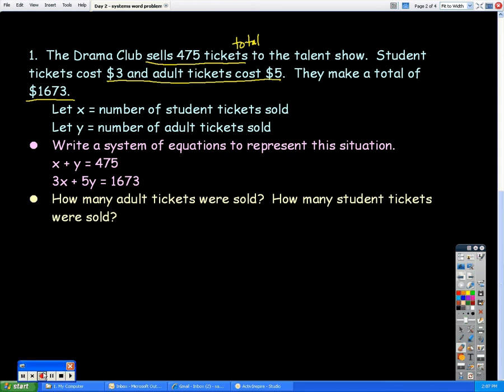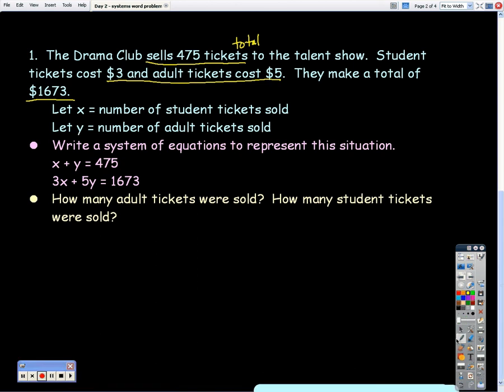The best way to solve this system is with elimination because everything's lined up nicely. I'm going to eliminate the x's by multiplying the first equation by -3. And that's going to give me -3x minus 3y equals negative 1,425.